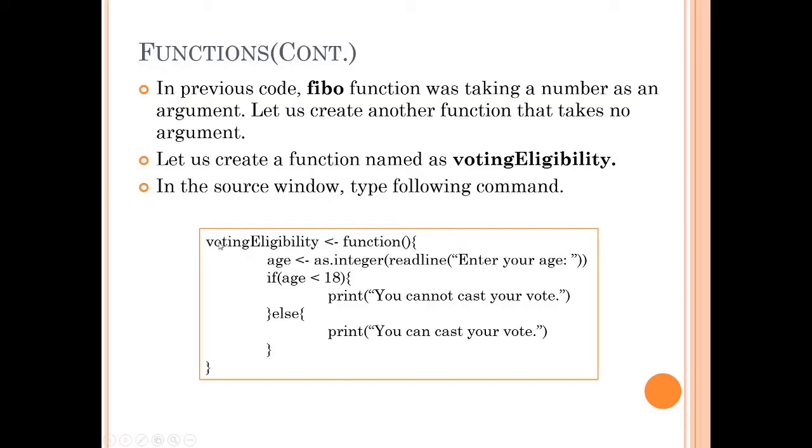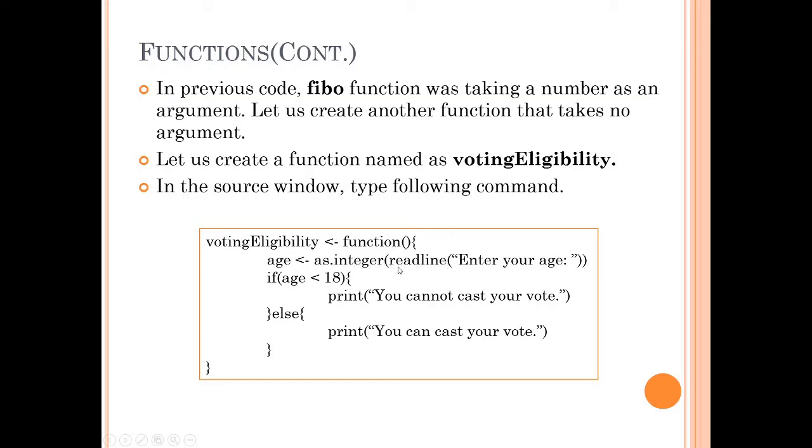So let us create a function with the name voting eligibility, and as we just saw, we have to call the built-in function, but now you can see here it is not taking any argument, so it is a function without any argument. The body of the function says that we have to declare a variable age, and now here we'll be taking values from the user.